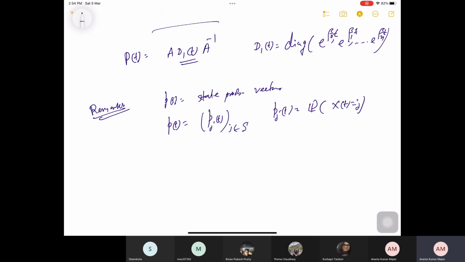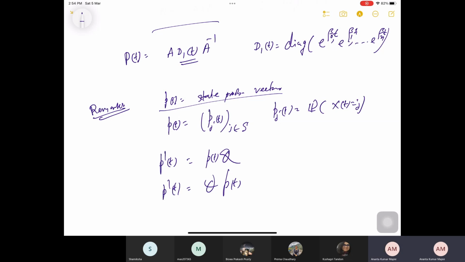So you can check yourself that I can find again the Kolmogorov's backward and Kolmogorov's forward equations for this state probability vector also, in particular P prime of t, which is P of t and Q, or I can think of P prime of t, which is Q of P of t. Accordingly, you need to think of it here, it should make sense, no?